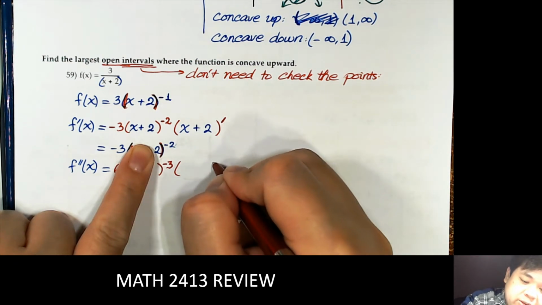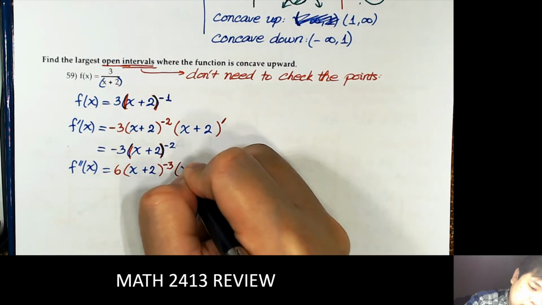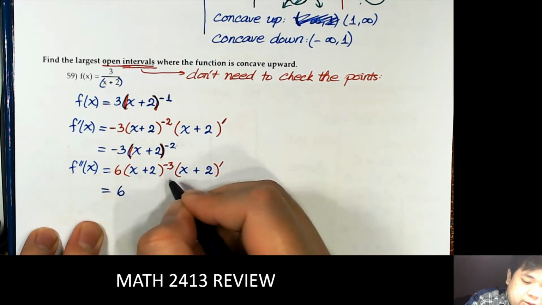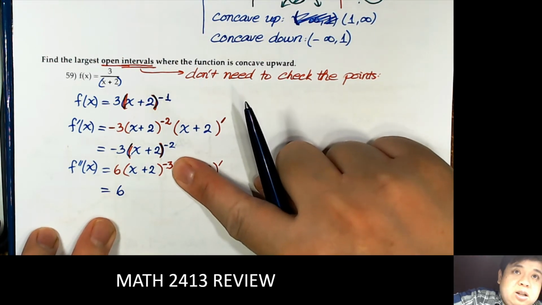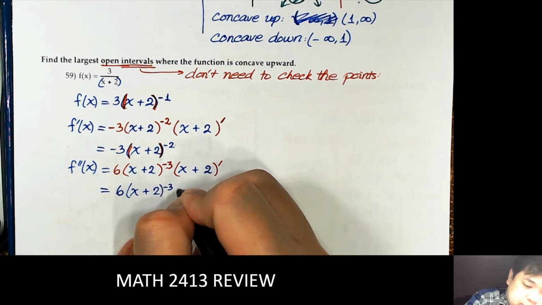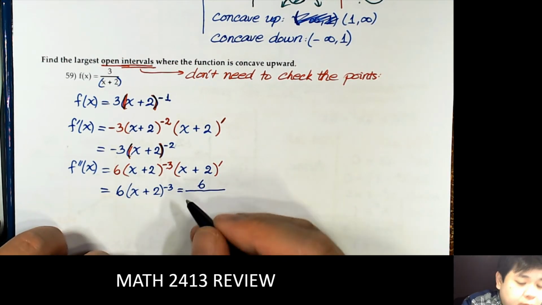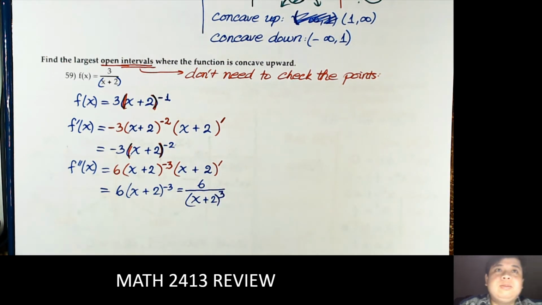Then the derivative of the inside, x plus 2, is 1, so that's all we have. Negative exponent moves to the bottom, so the power becomes positive. Of course, you can use the quotient rule also; the derivative is just doing that 2 times.